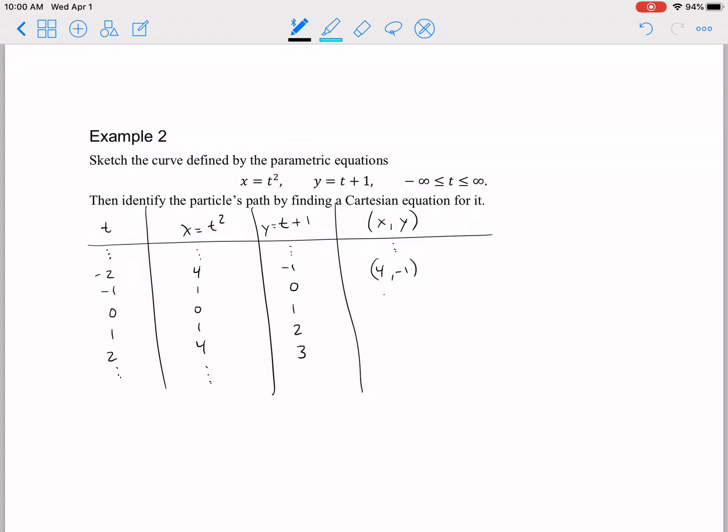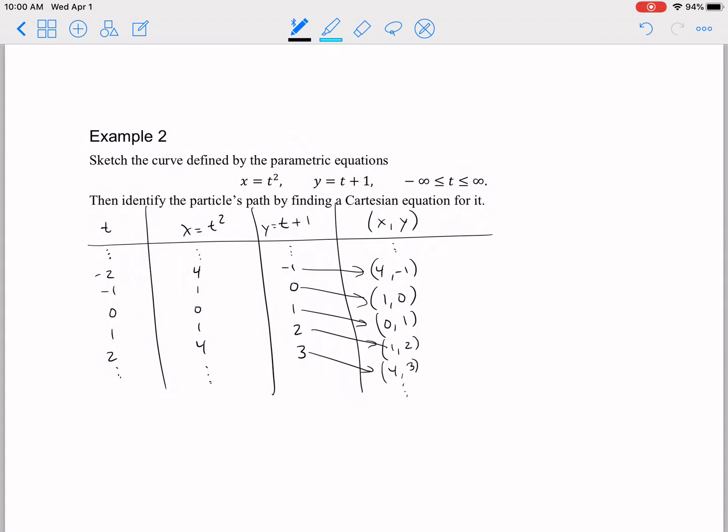We'll get 1, 0. We'll get 0, 1. Sorry, these aren't lining up anymore. We'll get 1, 2, we'll get 4, 3, and then so on and so forth. Anyway, you'll have these points.